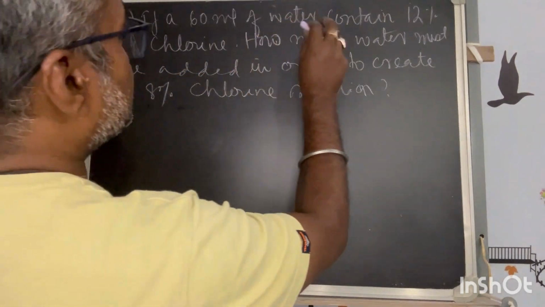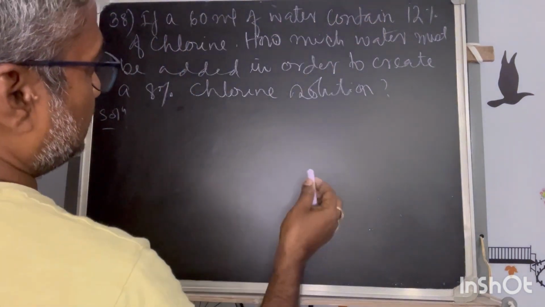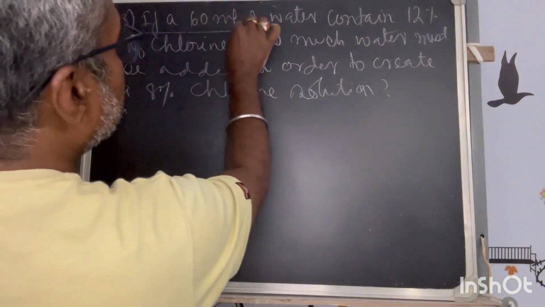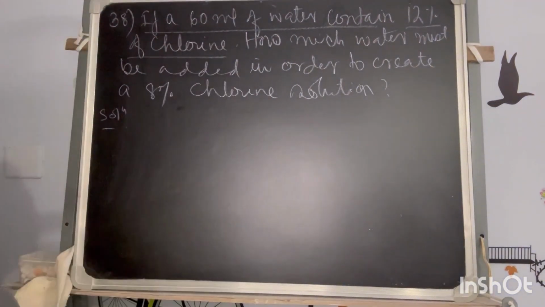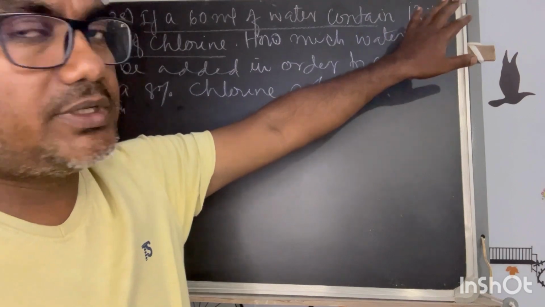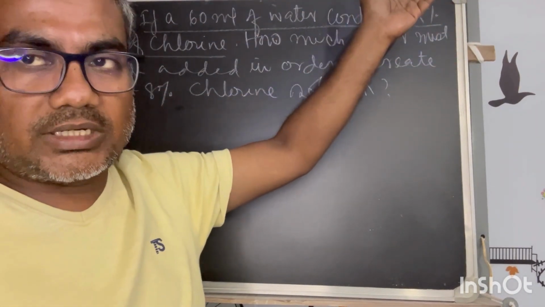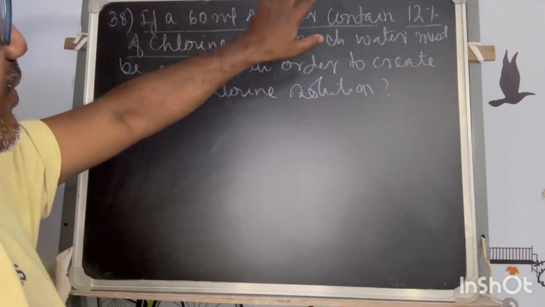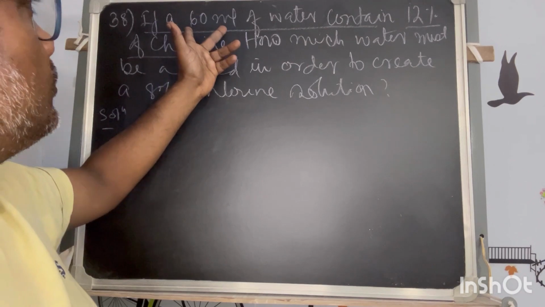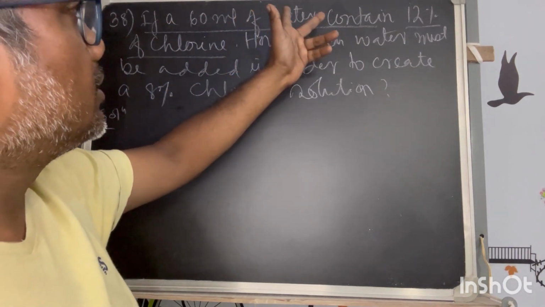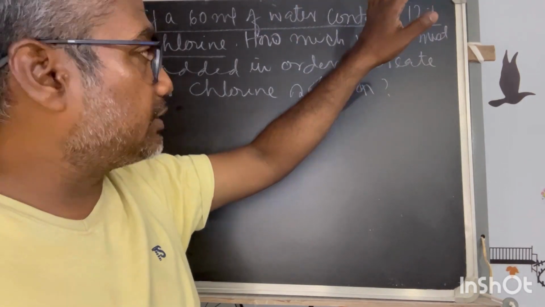The first sentence is a bit confusing. In 60 ml of water contains 12% of chlorine. So that means this 12% of chlorine, 12% of what? That is not being mentioned. So the first thing that automatically comes to mind is, if 60 ml of water is mixed with 12% of chlorine, of what? That we will never get.